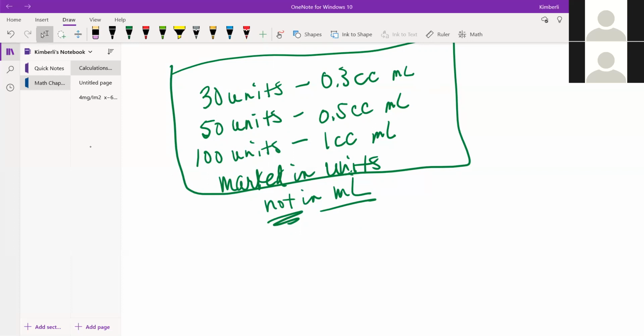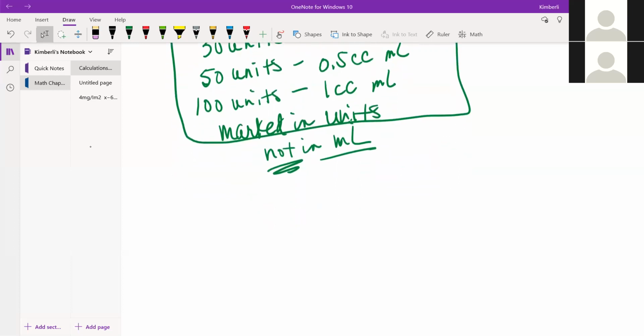Go to page 223 with me right now, and let's look at the picture on top where it shows Humulin N and then Humulin 70/30. And this is important because there's a big question in the post-test about Humulin 70/30.